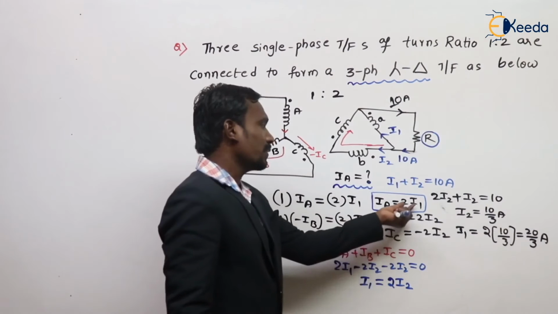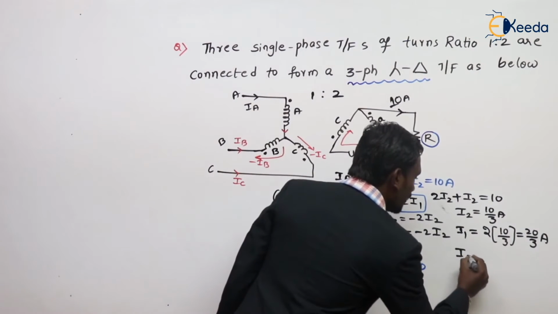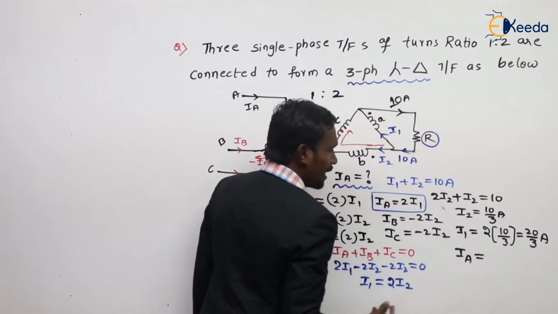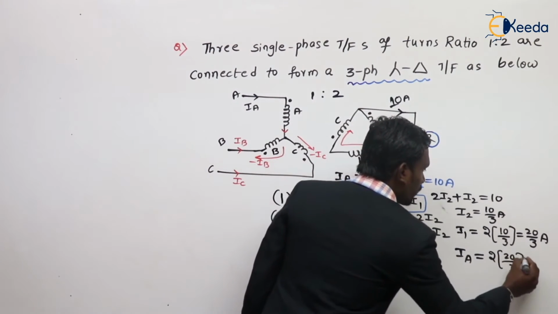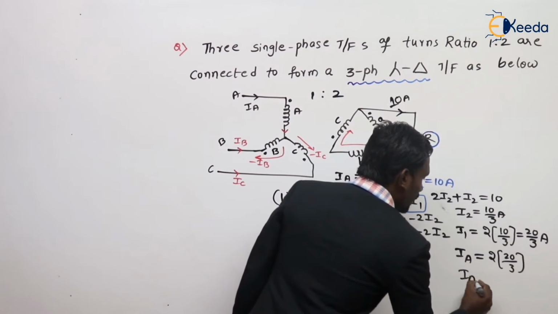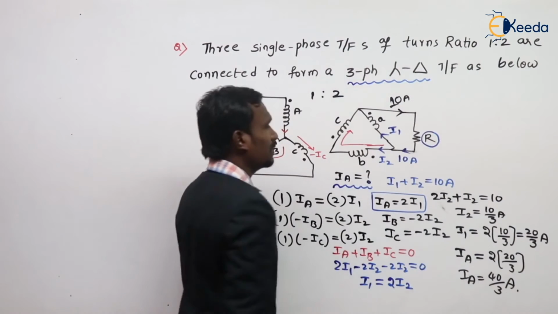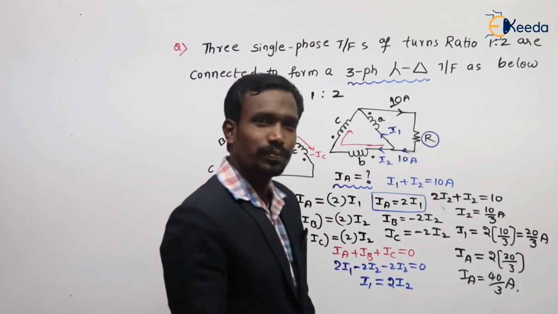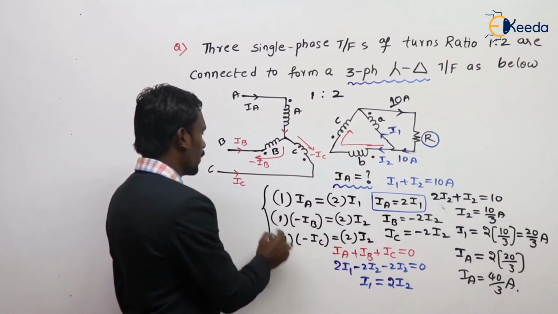We got I1. Then we can calculate IA easily. IA is equal to 2 times I1, 2 times 20 by 3. So our IA is equal to 40 by 3 amperes. This is the problem. Actually very simple, just by the MMF balancing equation.